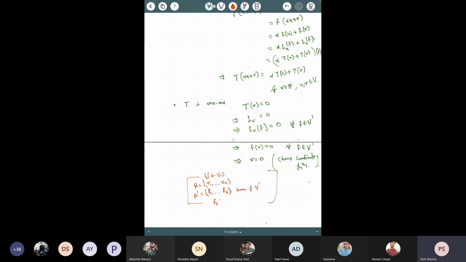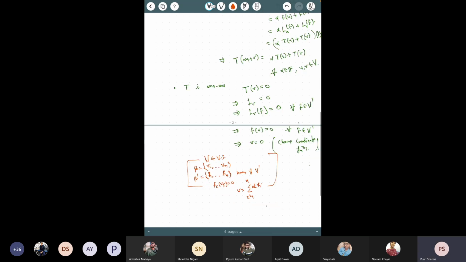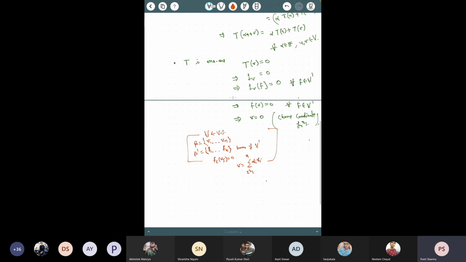So this v you can write as the sum of alpha i vi for some alpha i, right? So there would be some alpha 1 to alpha n such that v can be written as a linear combination of these. If you show that each of these alpha i's is 0, then you are done. But now from this expression, it says that f of v is 0 for all f. Whatever be f, and these fi's are all linear, also elements of this V dash.